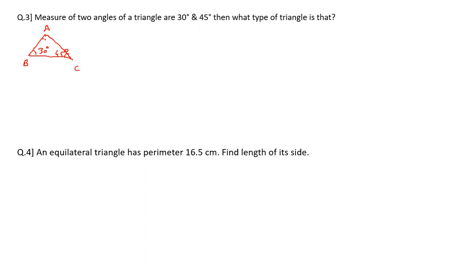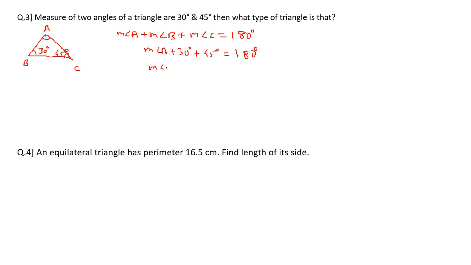Now what is the measure of angle A? So we write here, measure angle A plus measure angle B plus measure angle C is equal to 180 degree. We know that this is our theorem. So measure angle A plus 30 degree plus 45 degree is equal to 180 degree.